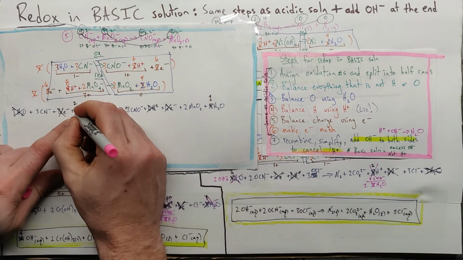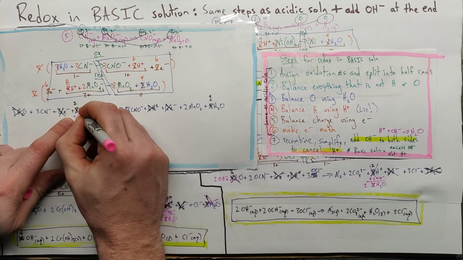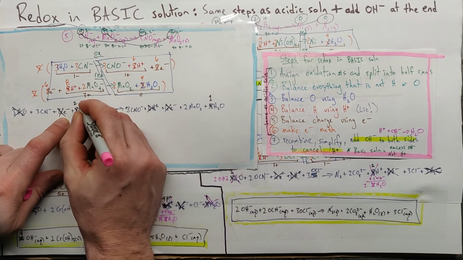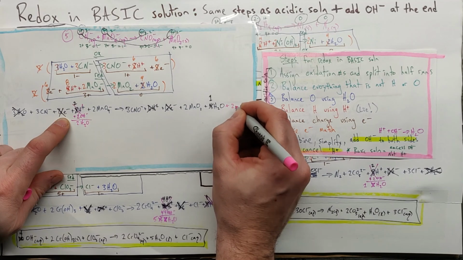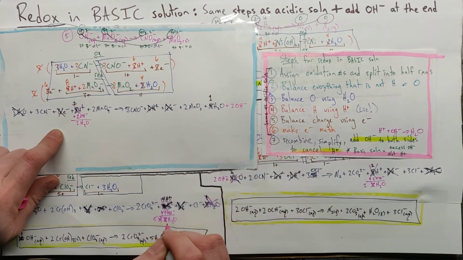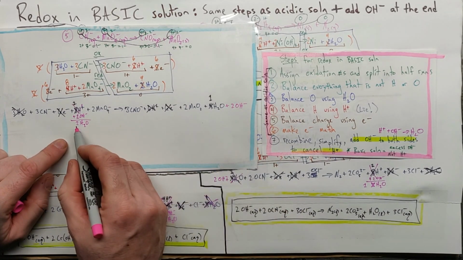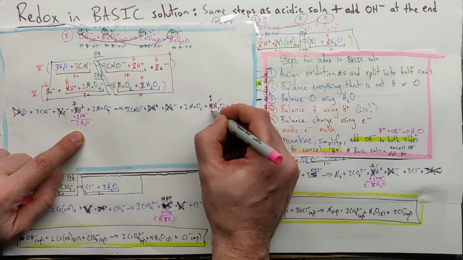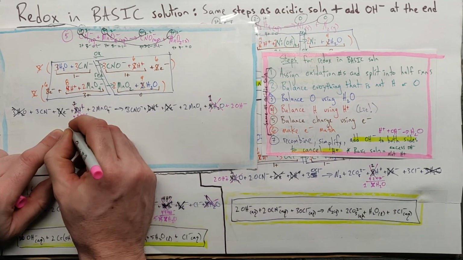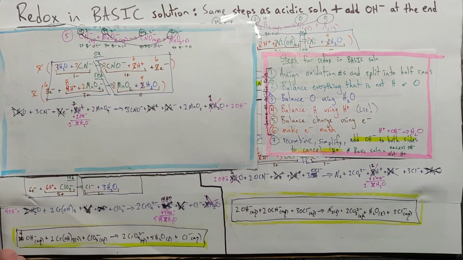And we're going to have to do the same thing to both sides, so I'm going to add 2 hydroxide ions, which will give me 2 waters, and I need to add 2 hydroxide ions over there. As you note right here, I've got 2 waters there and 1 water there, which is going to leave me with 1 water.